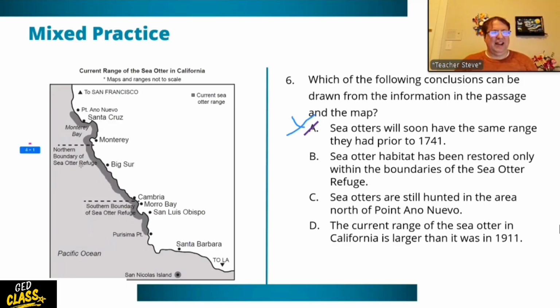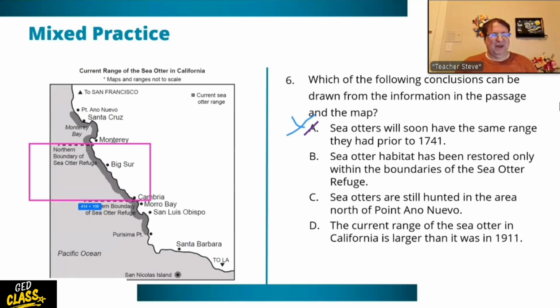I'm going to highlight this refuge area here with some hot pink. Yes, because that's what you think of when you think of sea otters, right? But no, they're definitely extending outside of these as well. So for B, we can use the figure to say, wait, nope, that is definitely not true. Look at that. That is not true.